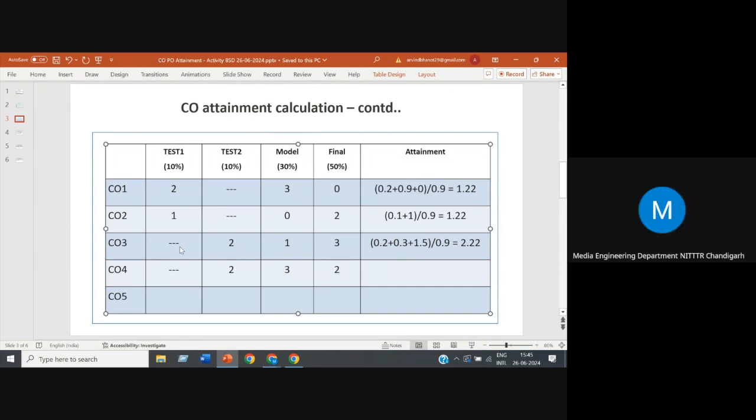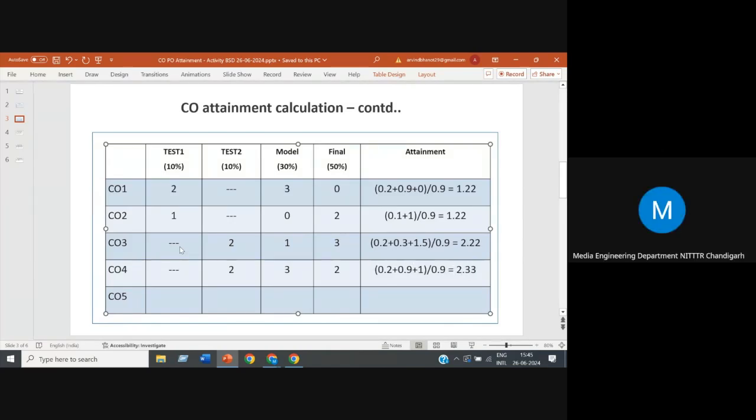Then calculation. What is the answer here? 0.2 plus 0.9 plus 1, divided by 0.9, equal to 2.33.